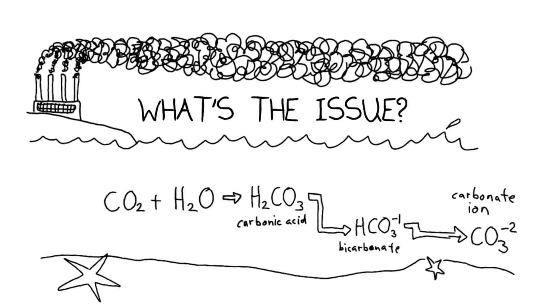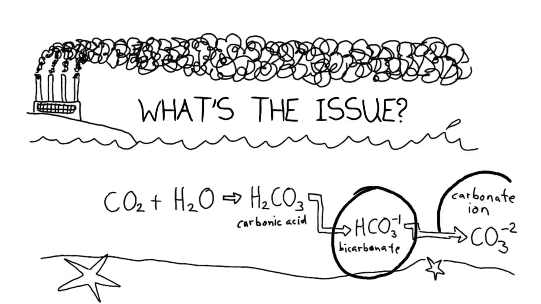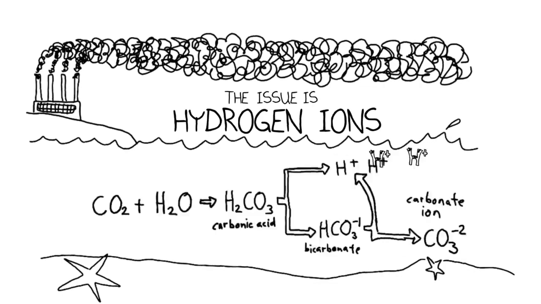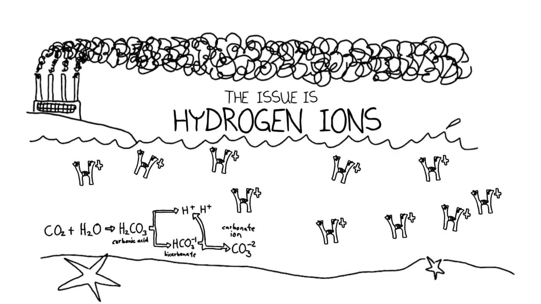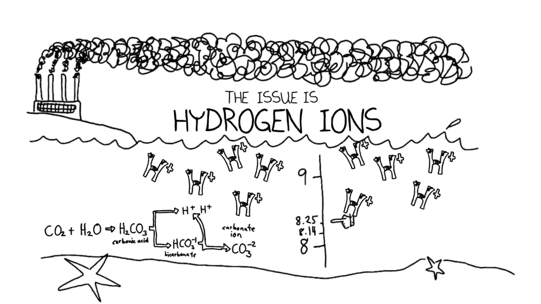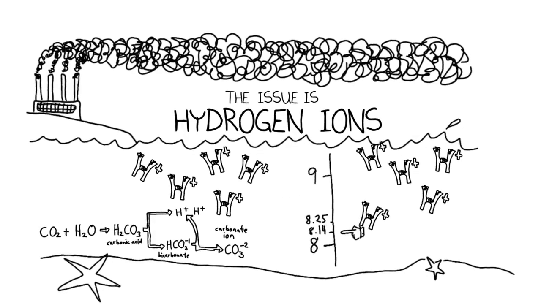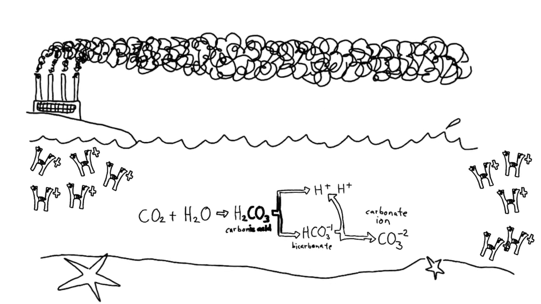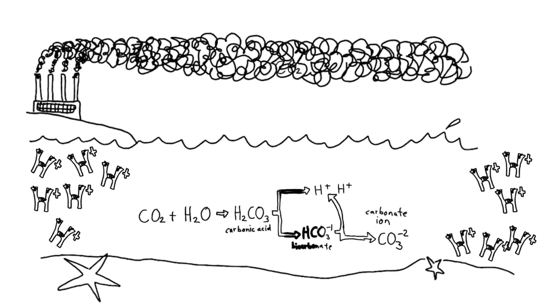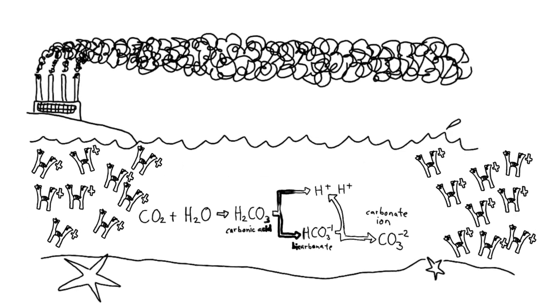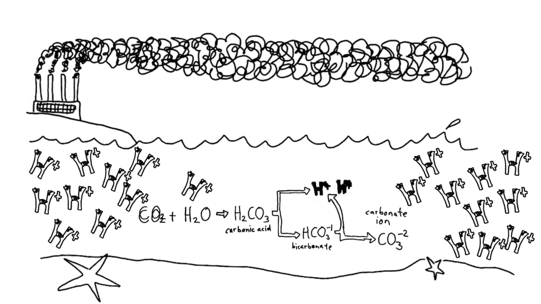The big issue here is you get both of these molecules, bicarbonate and carbonate, by losing hydrogen ions, which are now zipping around freely in the water. And remember what we said about hydrogen ions. They're going to increase the acidity of the water, and that's the key point. Through the addition of CO2, you set up a chain of events that results in these powerful little hydrogen ions being set free as the active ingredient, or the culprit, in the damage that acids can do.